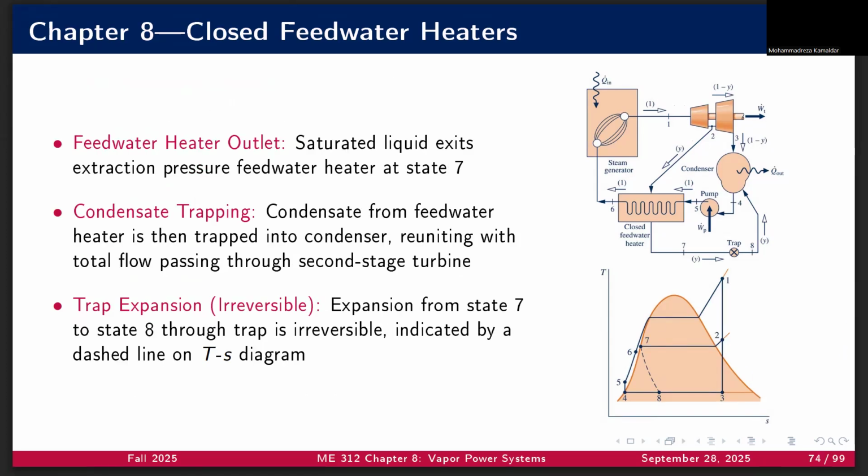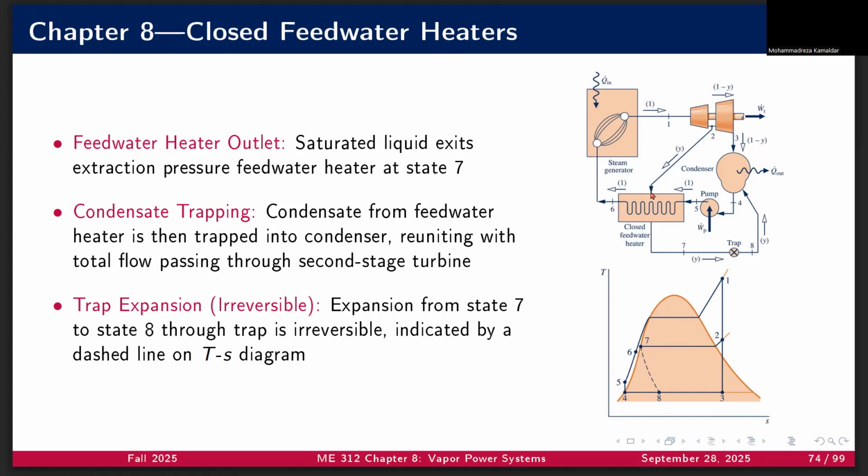Okay, now we left off with the main flow, 1 minus Y, heading toward the condenser, and the extracted flow Y heading into the closed feed water heater. So let's trace the journey of the extracted flow and see how it rejoins the main cycle.